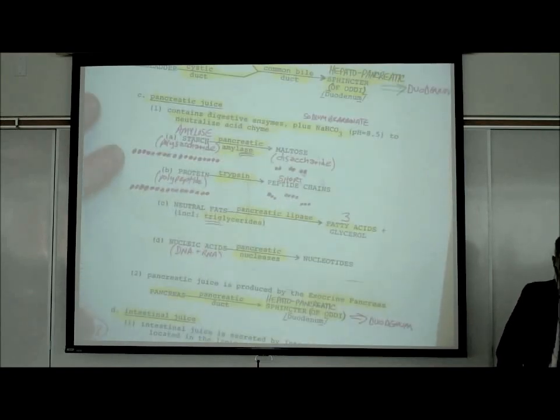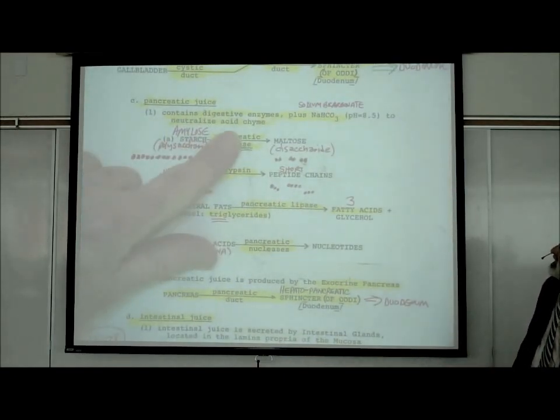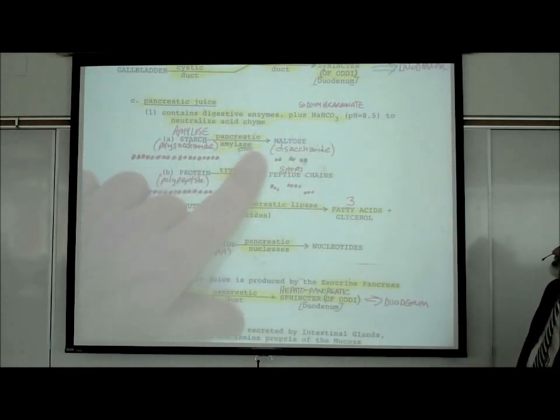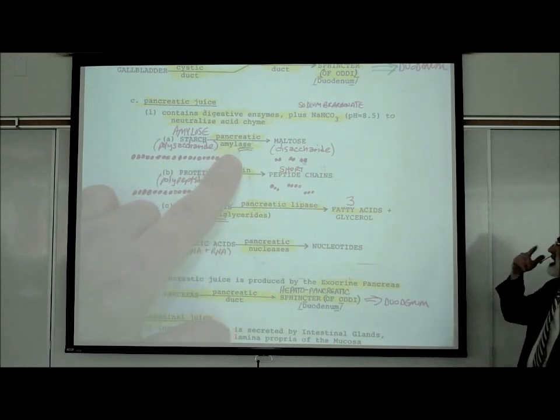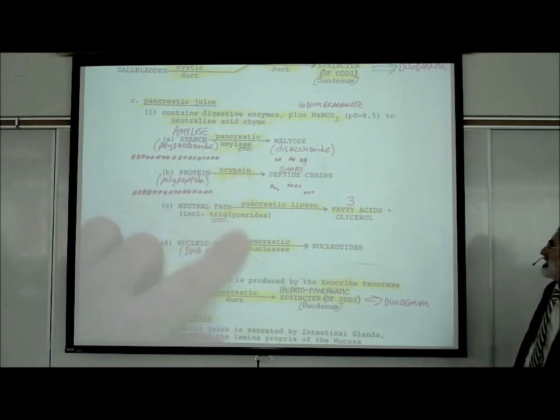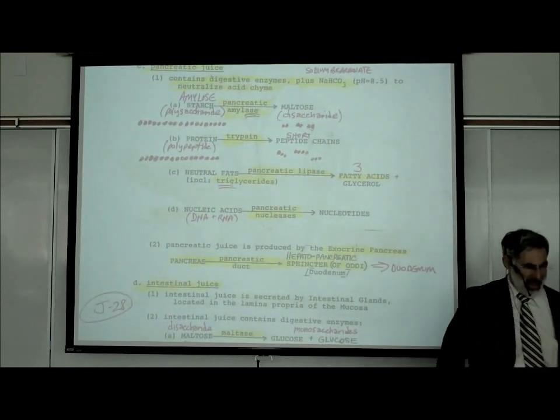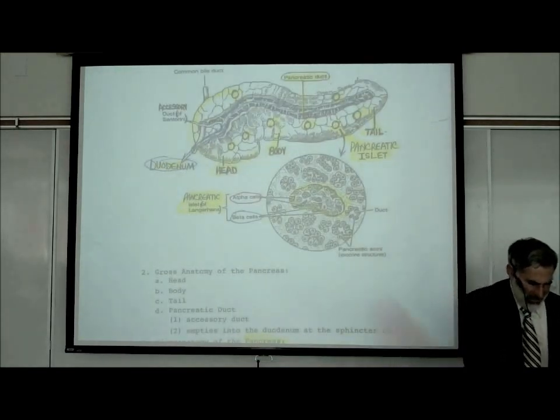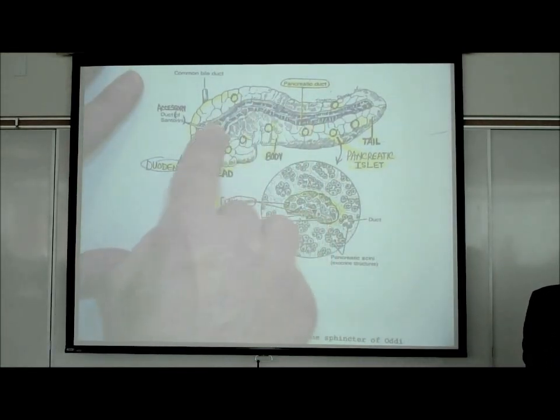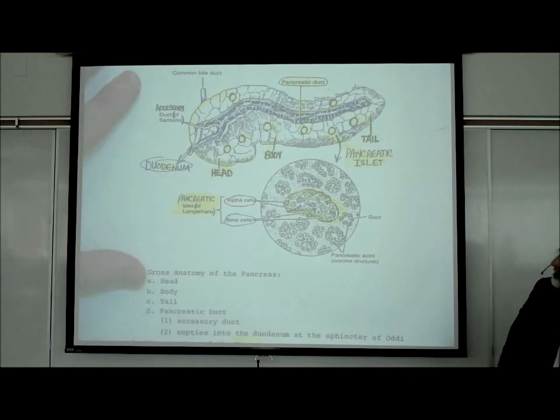We spoke all about pancreatic juice containing digestive enzymes and sodium bicarbonate, and these enzymes included pancreatic amylase and trypsin and pancreatic lipase and pancreatic nucleases, and all of these were, going back to our picture, in this pancreatic juice carried through the pancreatic duct to the duodenum.